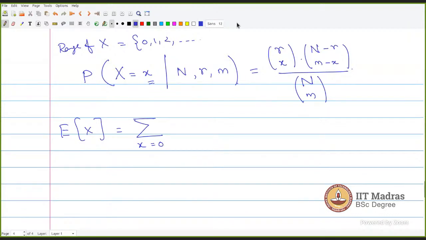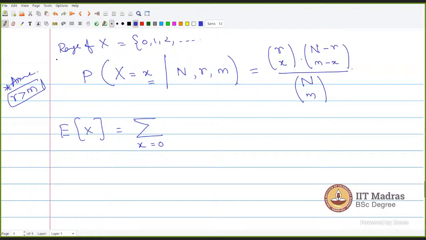Okay, for simplicity, let us consider R is greater than M. It's an assumption.